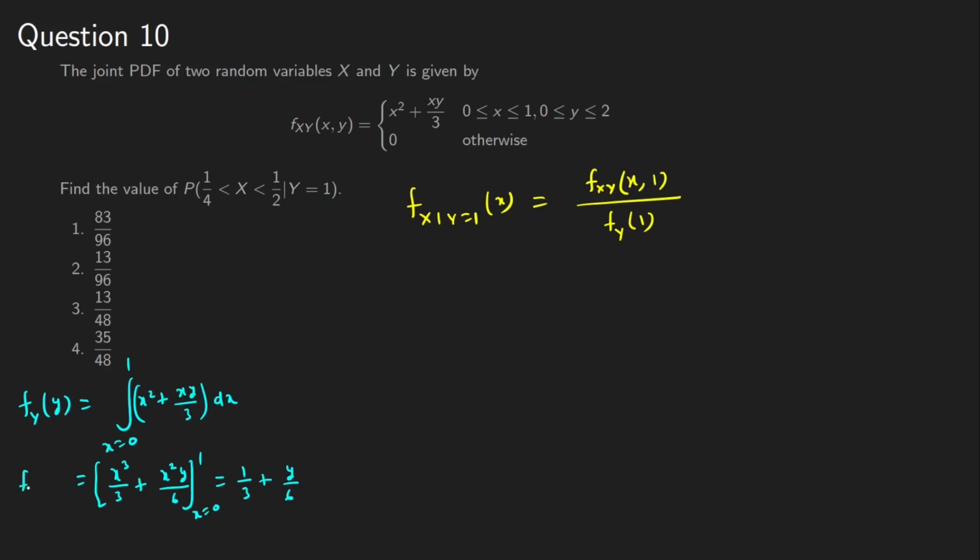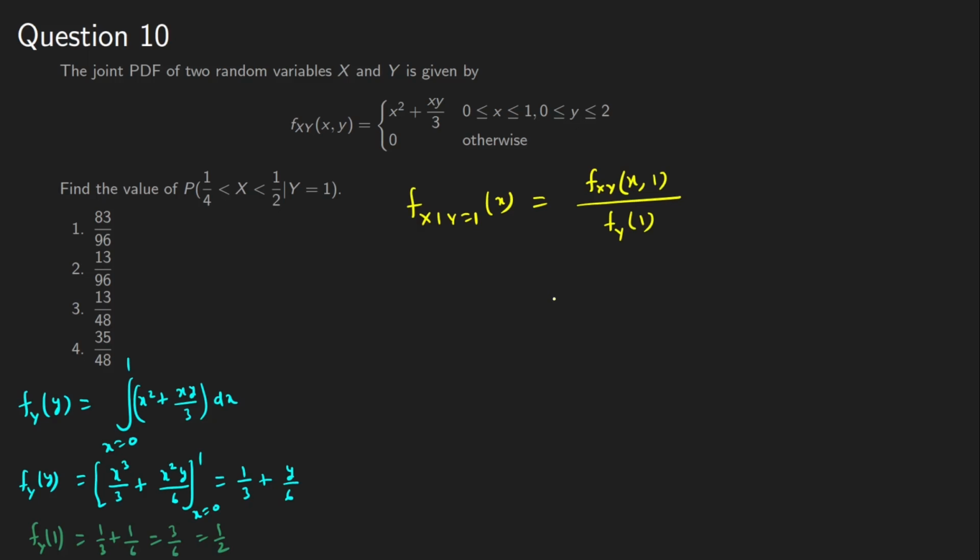So this is the marginal PDF of y, but we have to find the marginal PDF at 1. So it will be 1 by 3 plus 1 by 6, which is equal to 3 by 6 or 1 by 2.